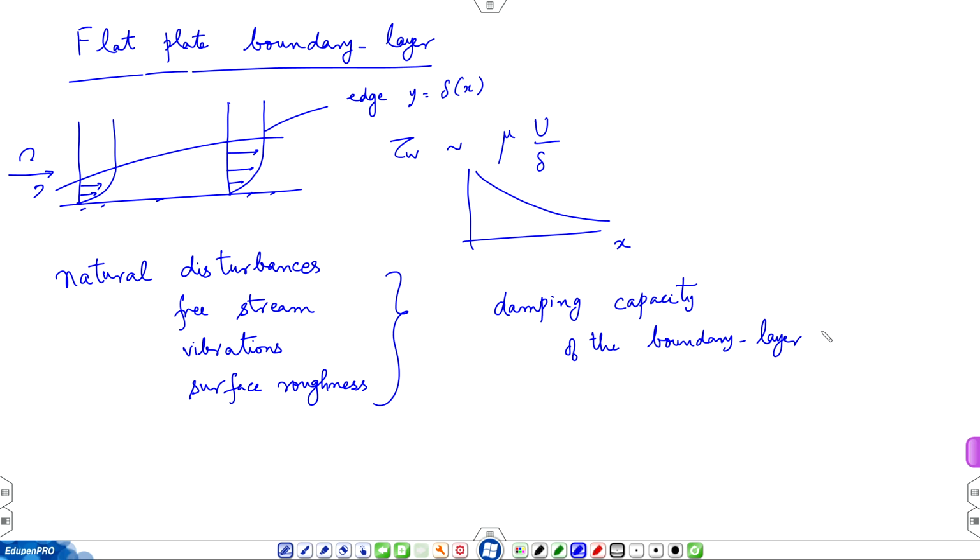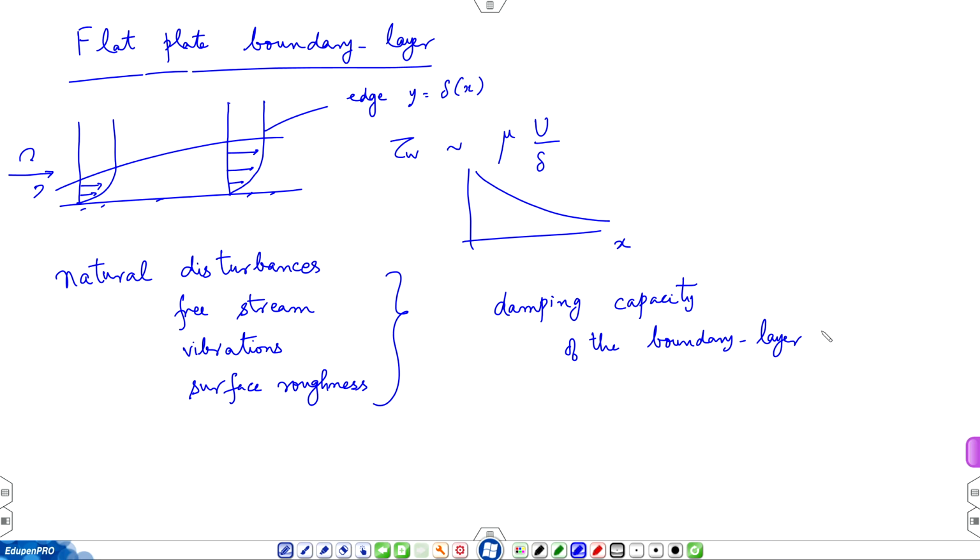So, here you may want to recall again Newton's parallel plate experiment, okay, where you had the surface moving at some velocity u in one direction and the force applied is F. Here also you have a similar situation, the edge of the boundary layer has some velocity.